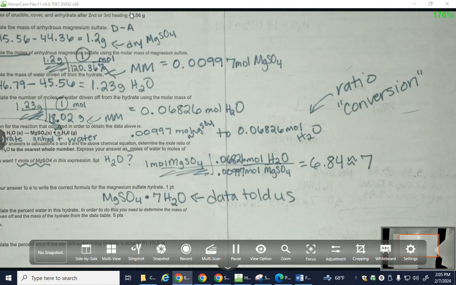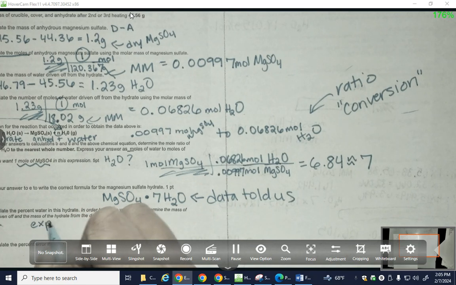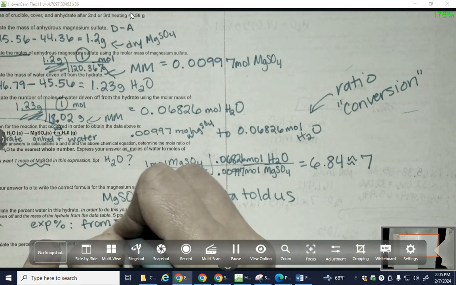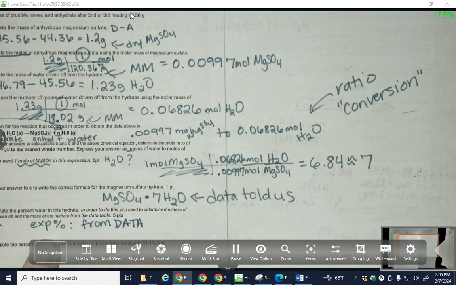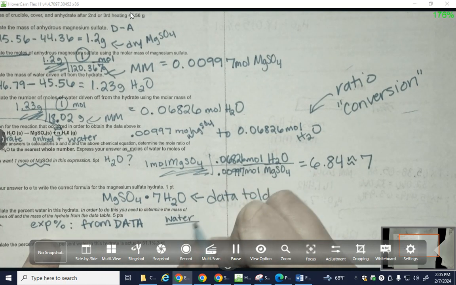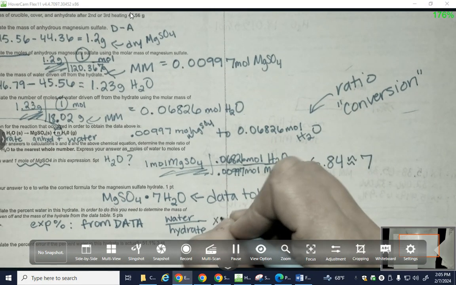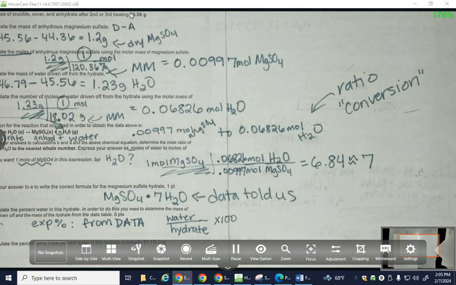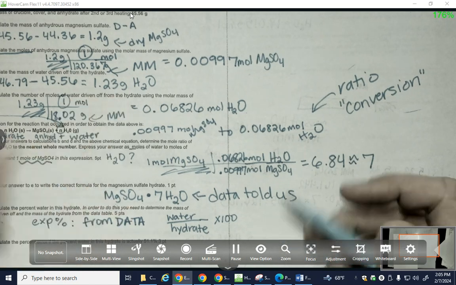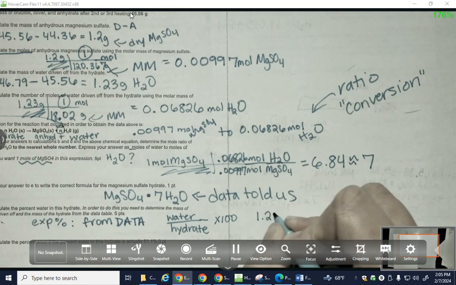That is our experimental value. So our experimental percent comes from the data table. We want water divided by hydrate, or water divided by our wet salt, and then multiply by 100. My water value we have already solved for up here, which was 1.23 grams.